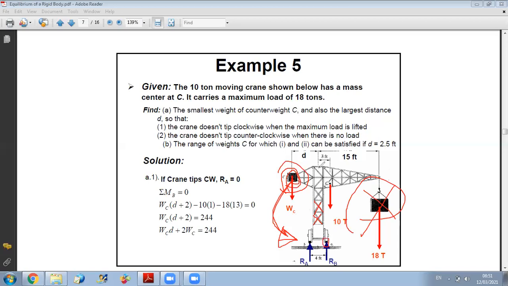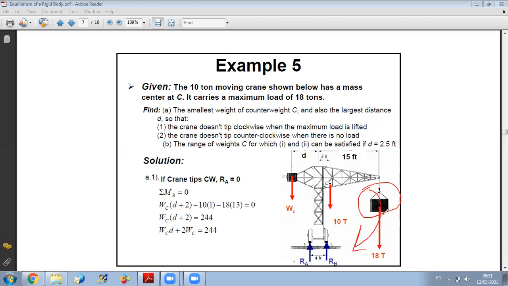And in order to avoid this, we should pay attention to this design to minimize maybe this distance, because if we minimize it by proper design, we can reduce this moment about point B. On the other hand, when you have a full load from this side, you have a risk of tipping in the opposite direction.